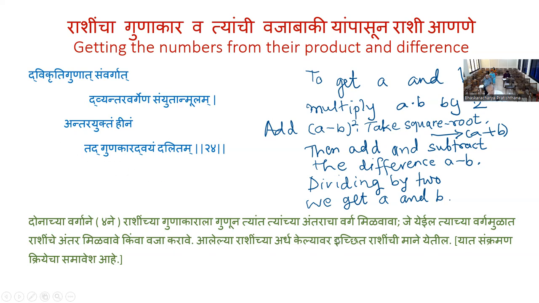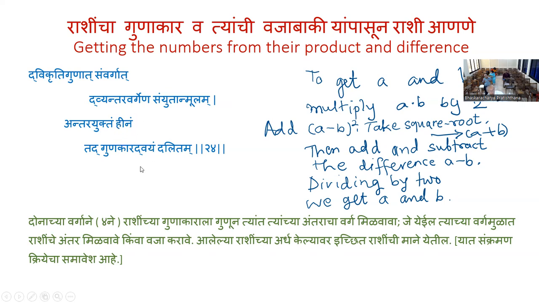Then you have antara yuktam hinam. So a plus b is what we have obtained. To that you add yuktam antaram, the difference; that you should add. That is the idea. Whatever you have obtained, that is a plus b. Antara yuktam, so add to a plus b. Similarly, hinam, you also subtract.